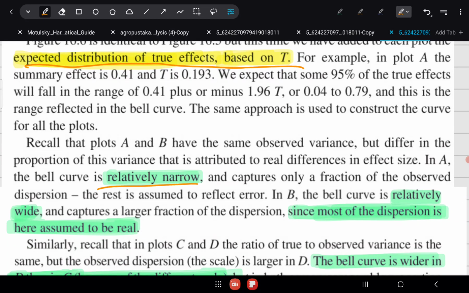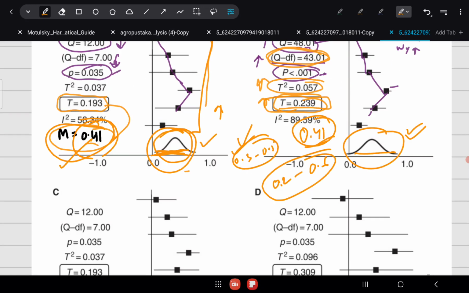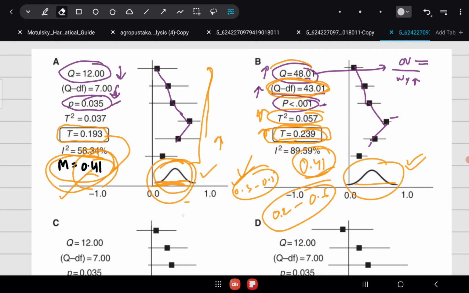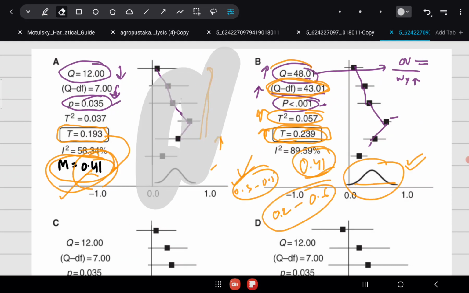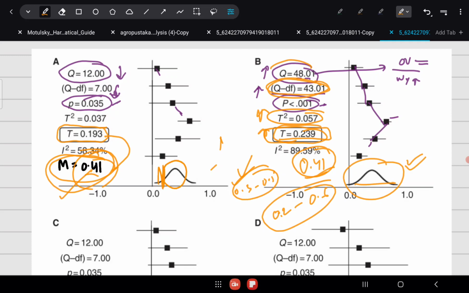In A, it is relatively narrow, which means that it captures only a fraction of the observed dispersion, and the rest is assumed to reflect error. So only a part of the dispersion can be accounted for by the true variation in the effect size, and the rest of the dispersion is due to random error.